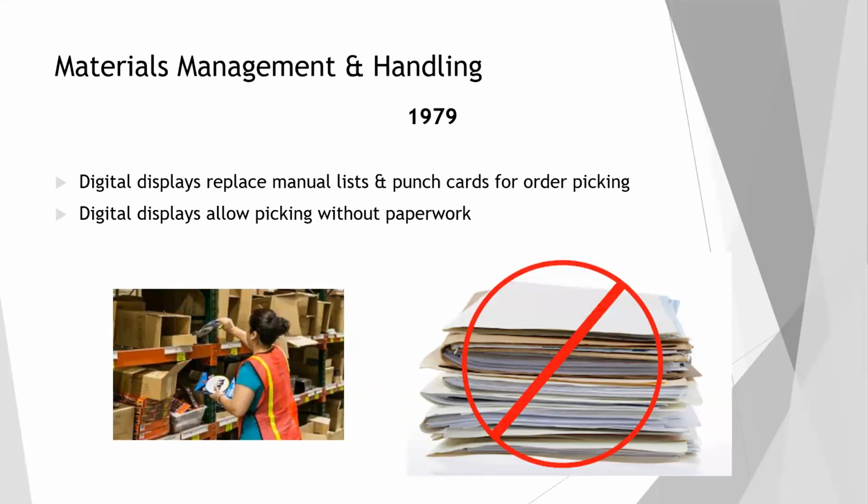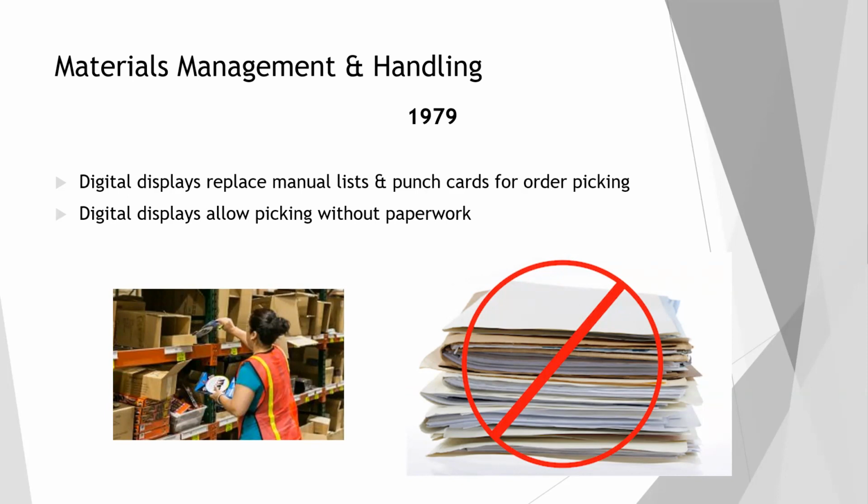1979, digital displays replace manual listed punch cards for order picking. And remember, order picking is when someone orders something, that warehouse worker or robot has to go into the warehouse and actually pluck that item off the shelf for processing to get to the final consumer. That is picking.